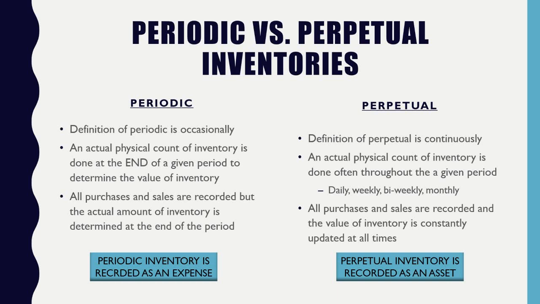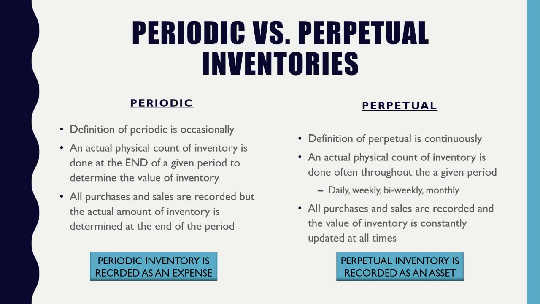Whereas with perpetual inventory, since you're constantly updating and keeping track of your inventory, every time you make a purchase, you update your inventory, and every time you sell an item, you take it out of your inventory. So you're constantly updating, and you know how many items you should have on hand at all times.